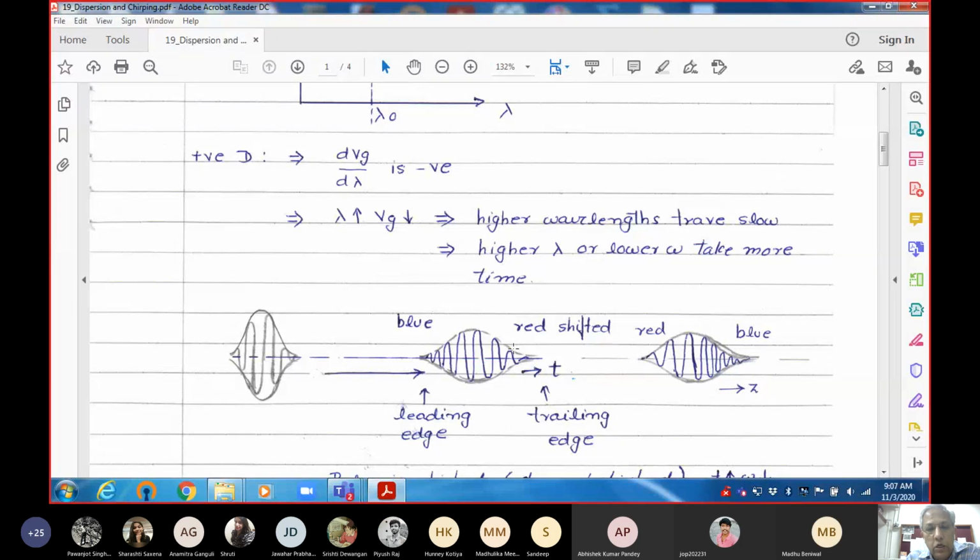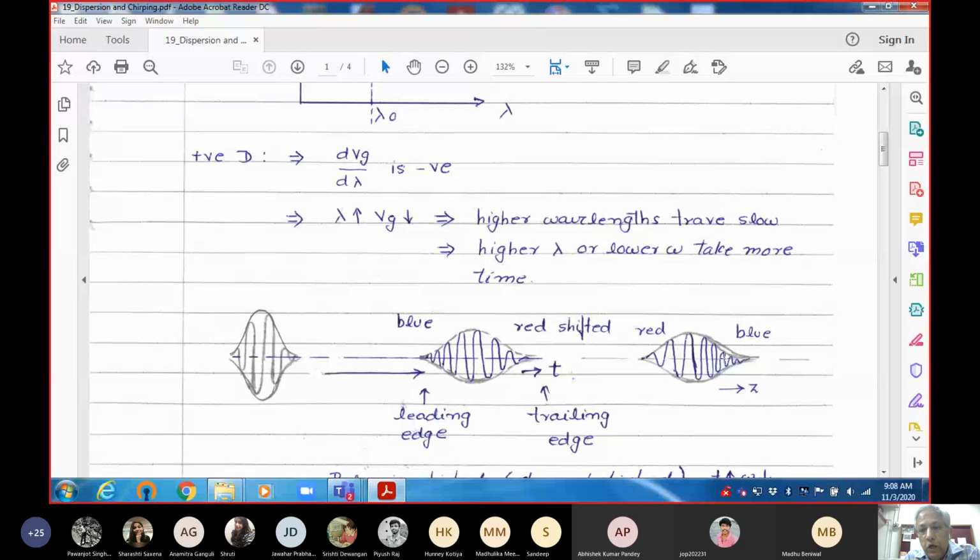This is how the instantaneous frequency in the pulse envelope would look like. Initially you start with a pulse where the frequency across the pulse envelope was the same, there was no chirping, but now the pulse gets chirped. This is the leading edge, lower time, because this is what you will detect first.